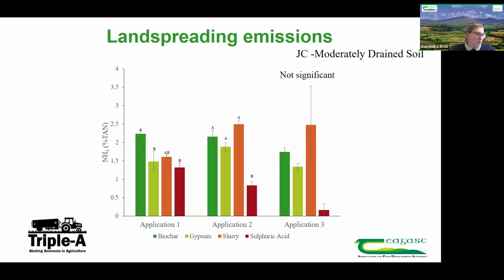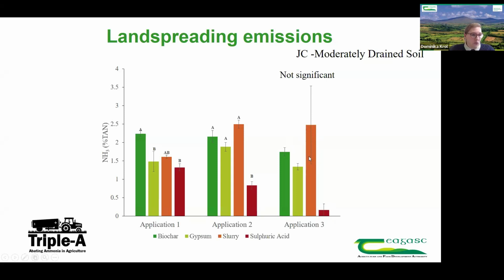That was the consistently performing amendment. Gypsum showed reduced emissions in the first application, but not in the second application. In the third application, I know it says non-significant here, but that is due to whatever happened to our slurry treatment.